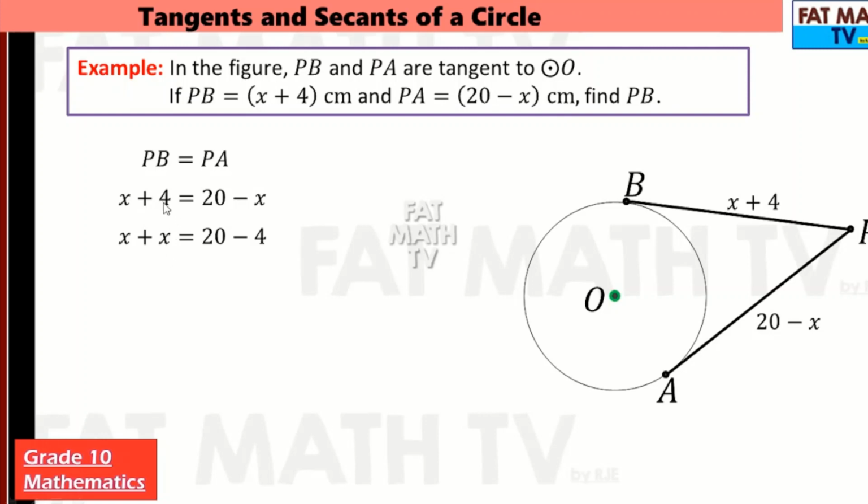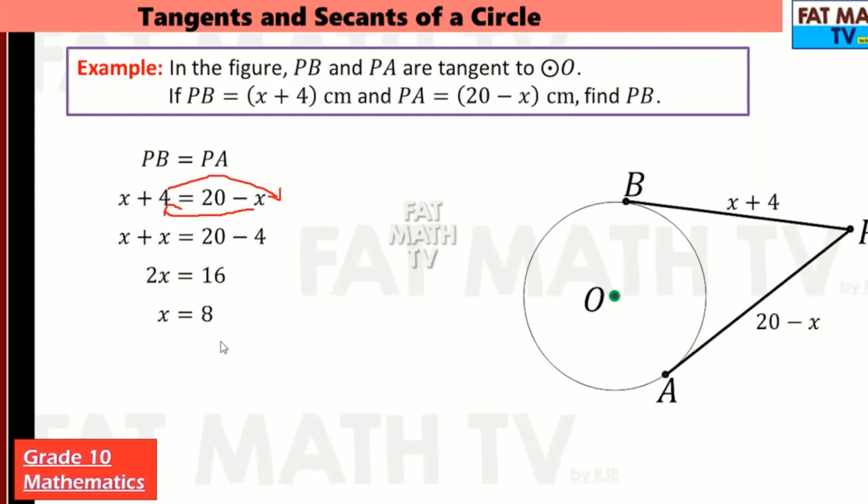And if we put positive 4 to the right side, it's going to be negative 4. So it's going to be x plus x equals 20 minus 4. So x plus x is 2x, and 20 minus 4 is 16. Divide both sides by 2, you will get 8.